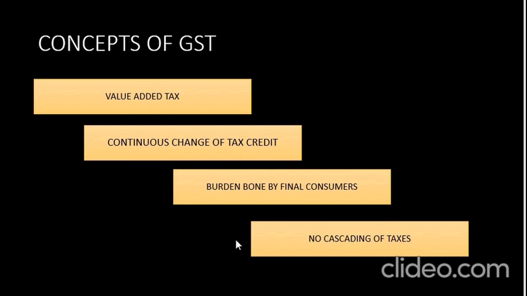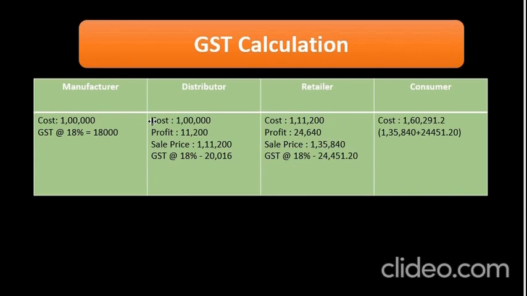So how this tax credit works is, when we look into this example, the distributor pays GST, the tax of 18,000, to the manufacturer, and the retailer pays the distributor a tax of 24,451.